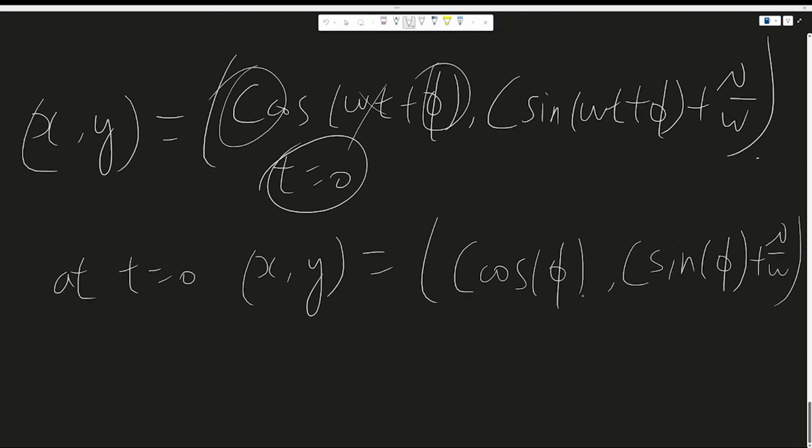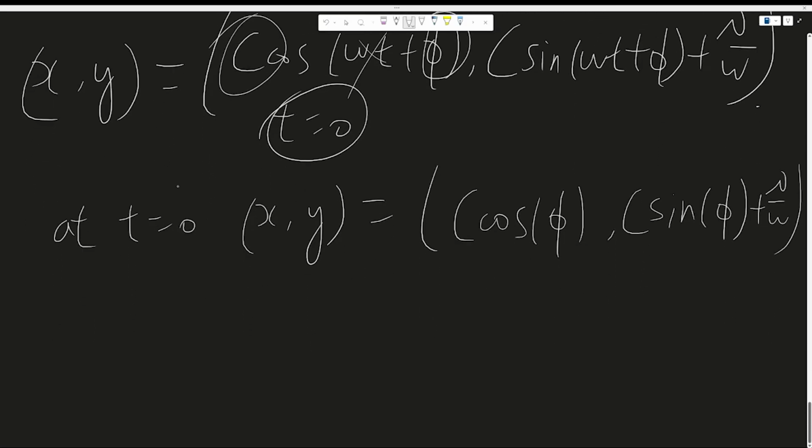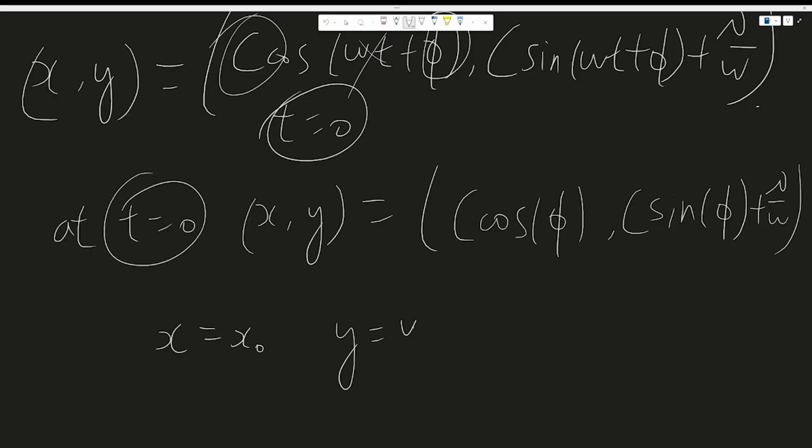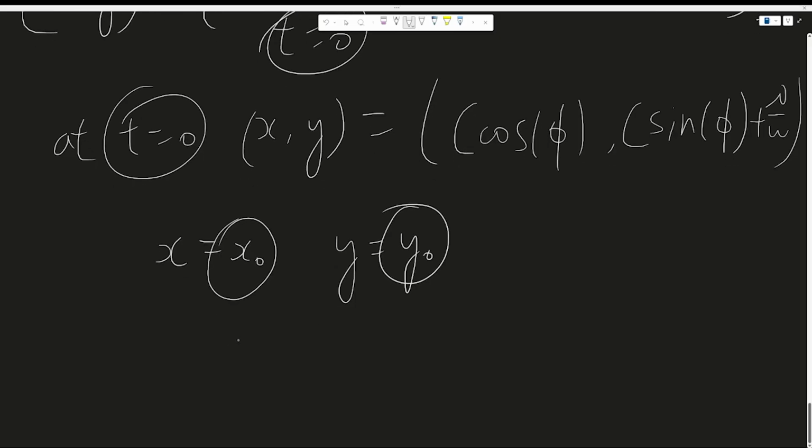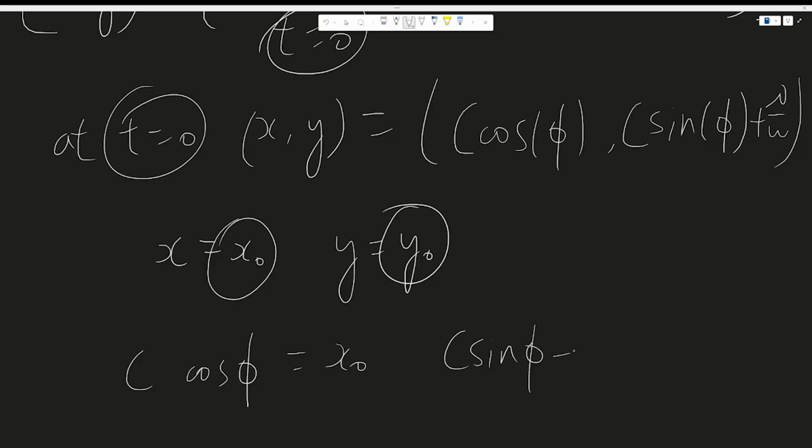And we know that at t equals 0, x is x naught and y is y naught. So these will be constants. Because the question didn't give us initial conditions, we just assume x naught and y naught are the initial coordinates of this person. So then we know that c cosine phi must equal x naught, and c sine phi plus v over omega must equal y naught.